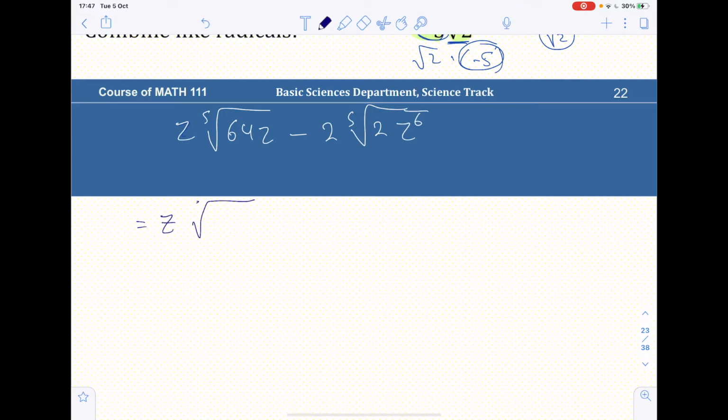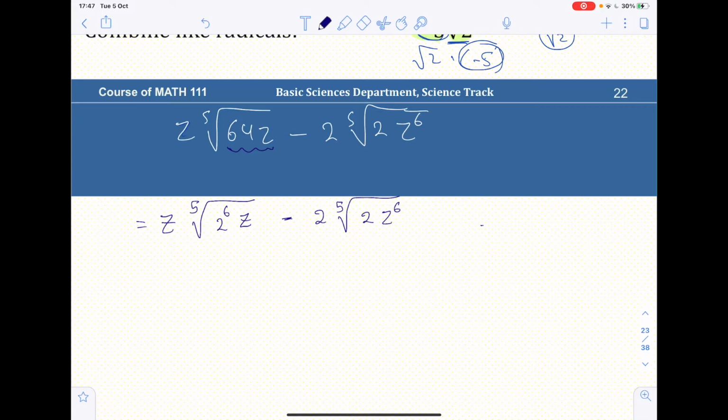So the fifth root, that means I want to write the numbers under the roots in the power of 5. So 64, you know that 64 is 2 to the power 6, times z minus 2, then the fifth root of 2z to the power 6.